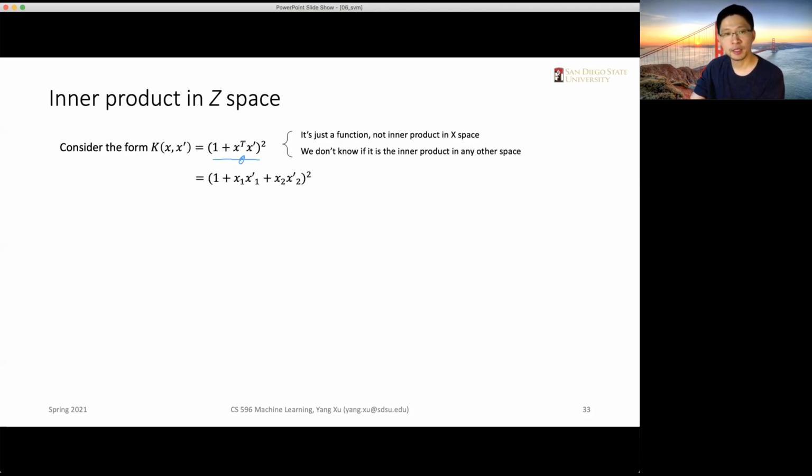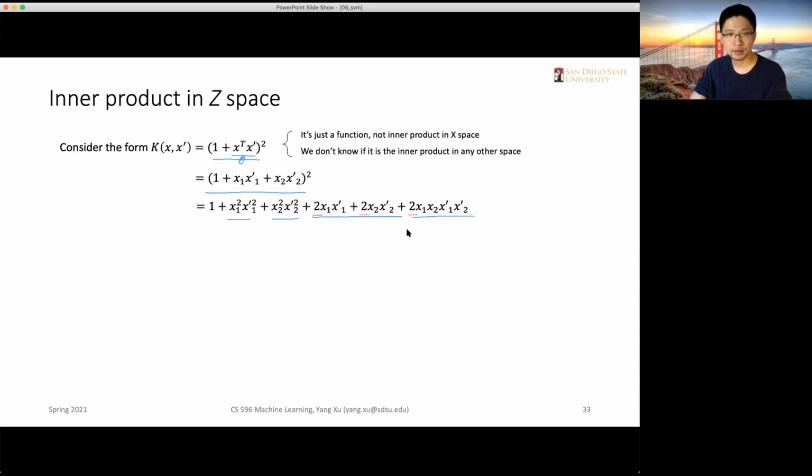So what if we expand the term for X transpose times X prime, assuming it is in two-dimensional space? We would have something like this. If we expand this term as well, it becomes 1 times this one, plus the combinations of all the X's. So it's going to be like this.